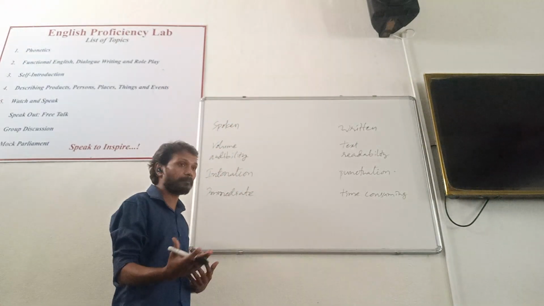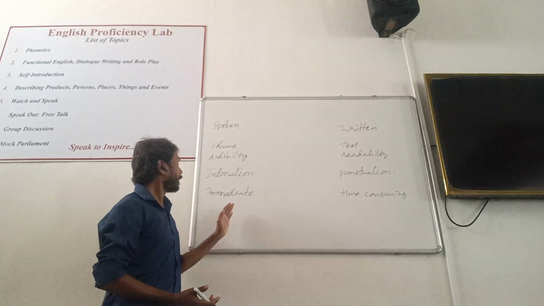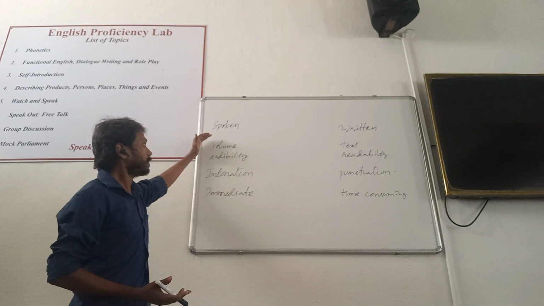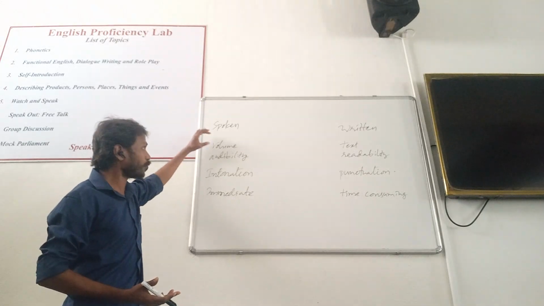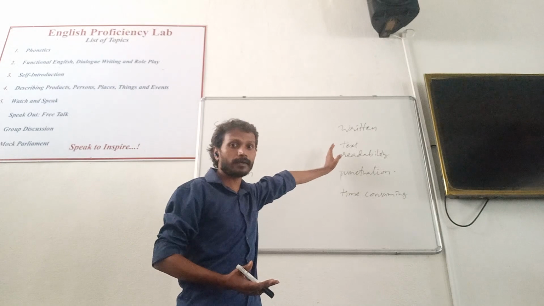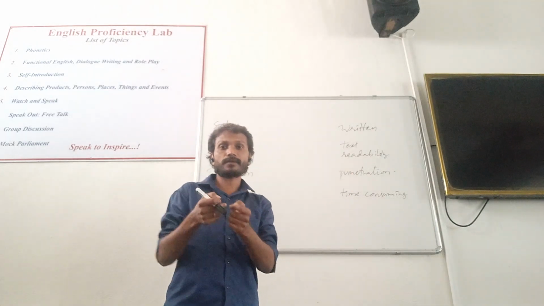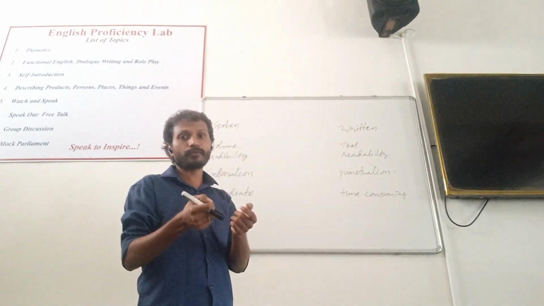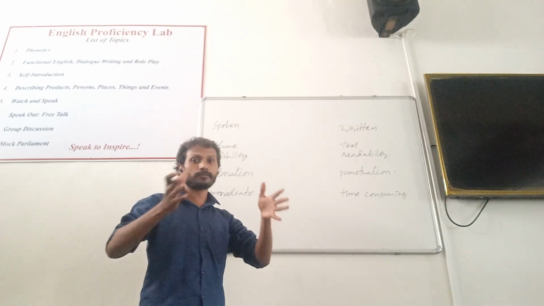It happens immediately. Okay, and as a part of spoken communication, volume matters, and when it comes to written communication, the text or the symbols like the alphabet matter, the words, paragraphs and others.